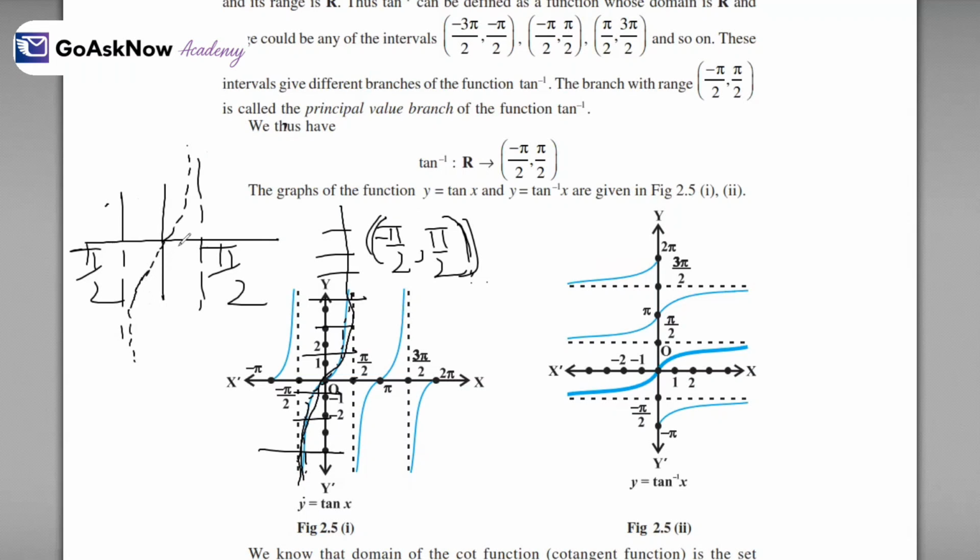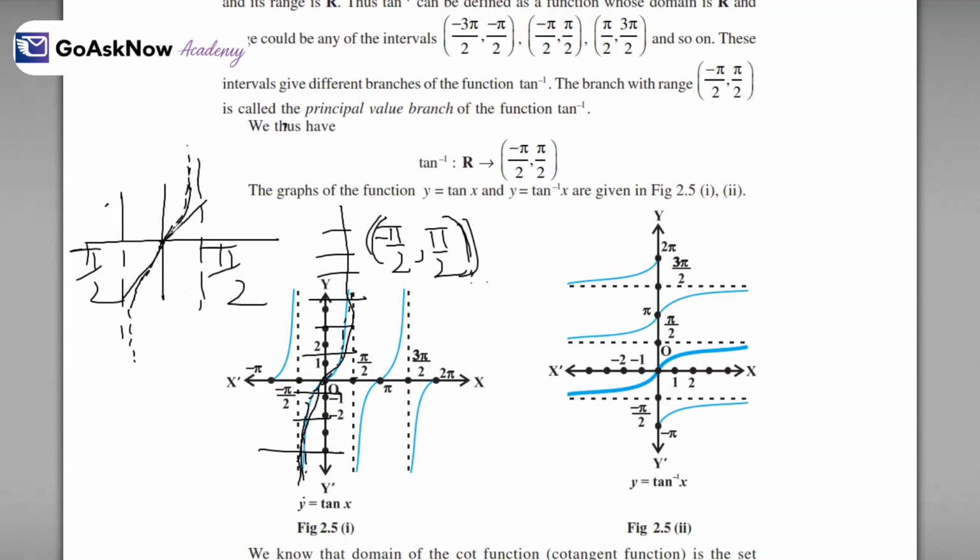And how will the y equal to x graph be? The y equal to x graph will be like this. It will be upper side in this interval, but it will go below this, and from here also it will be below this, then it will cover like this.